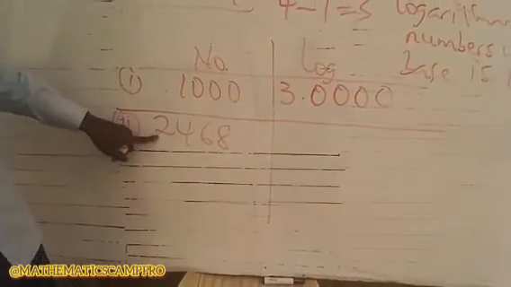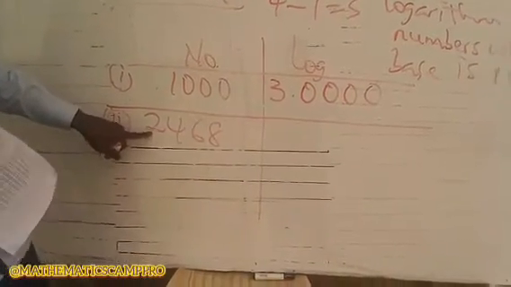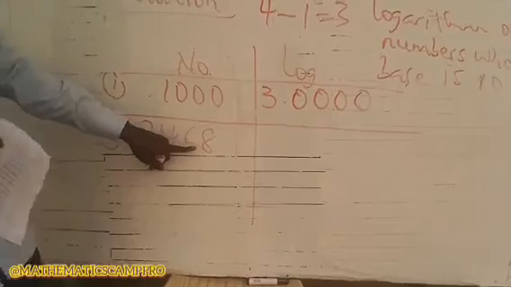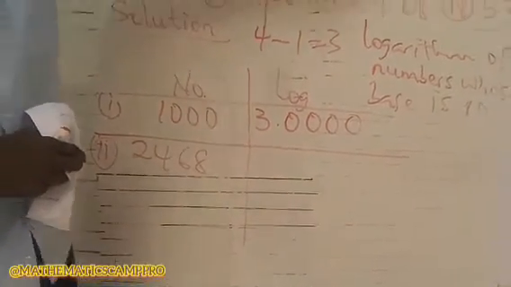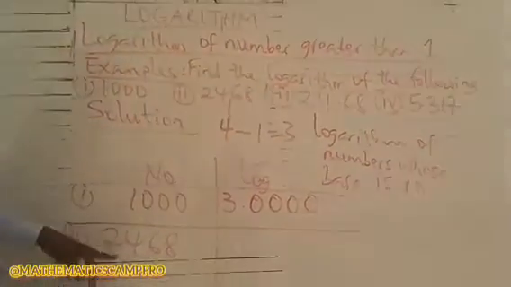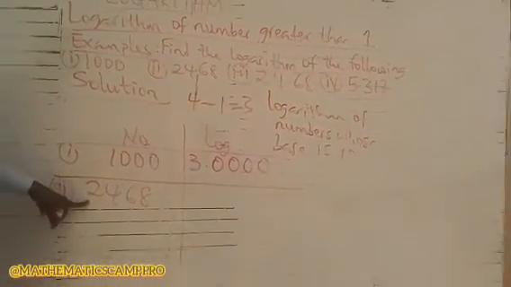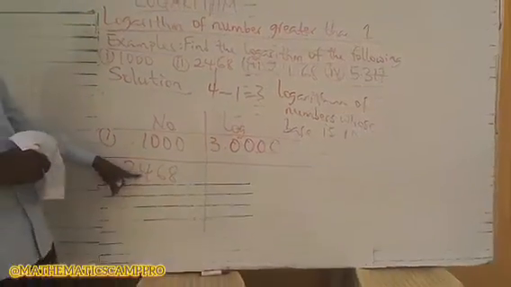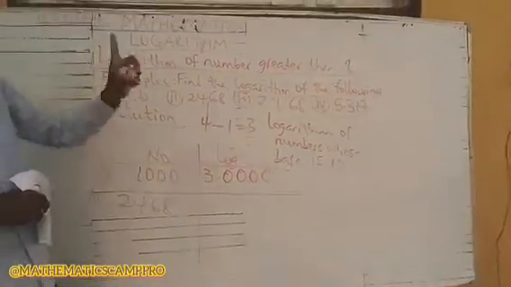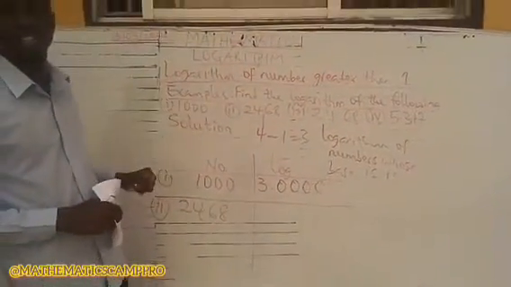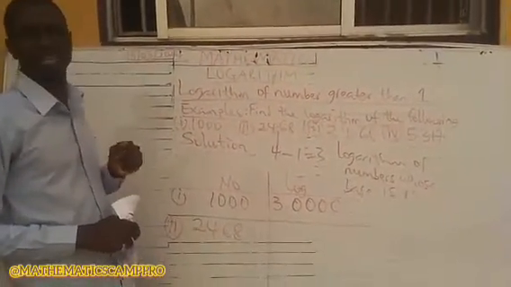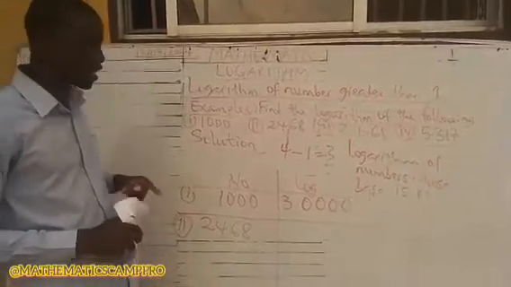Now we want to look for the logarithm of 2468. Remember, we are looking at logarithm of numbers greater than 1. For you to look for the logarithm of 2468, I said the first thing you must get is your characteristics. And you can only get your characteristics by inspecting the number given to you.